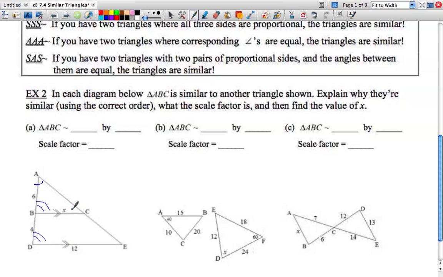And likewise, angle C is congruent to angle E by corresponding angles congruent. So by angle, angle, angle similarity, we can say triangle ABC, now we have to line it up correctly, is similar to triangle ADE.